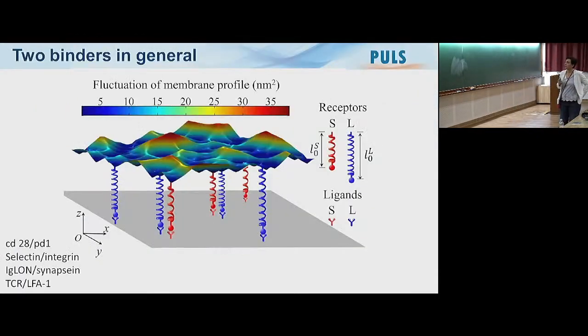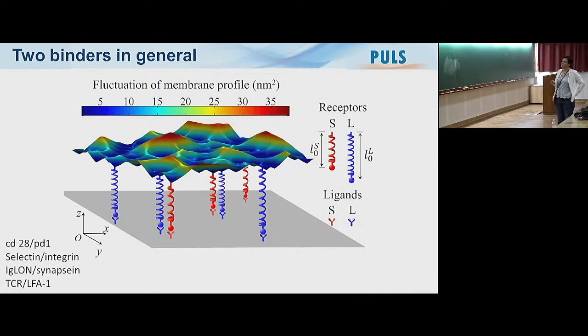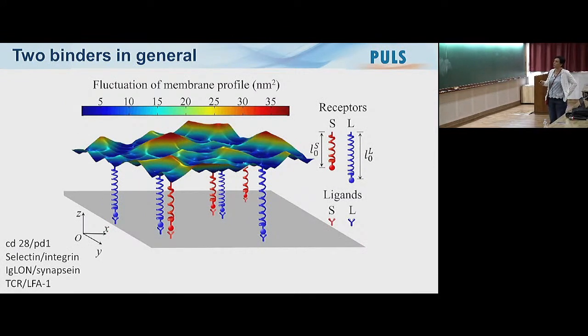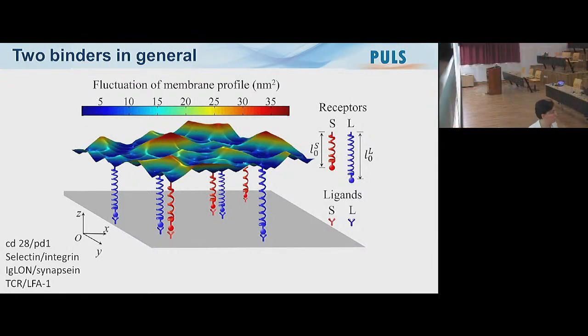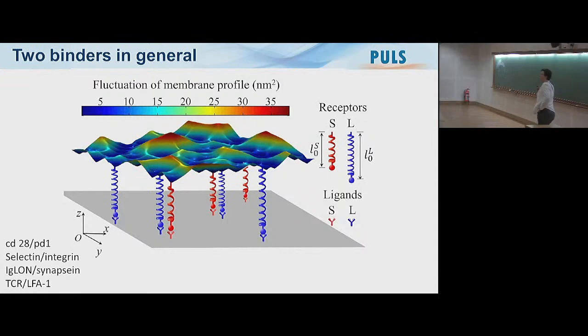All right? So now this is the system of interest. We have long bonds, we have short bonds, we have a membrane. And actually, when you look into the literature, there is a whole pile of biology which is happening with short, strong bonds and long, weak bonds. A whole lot.